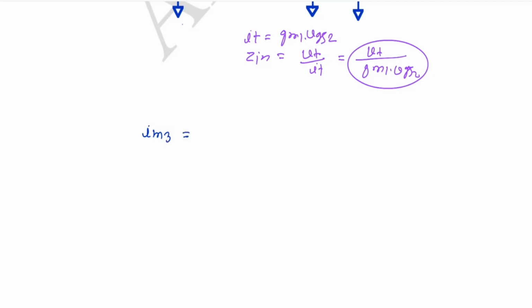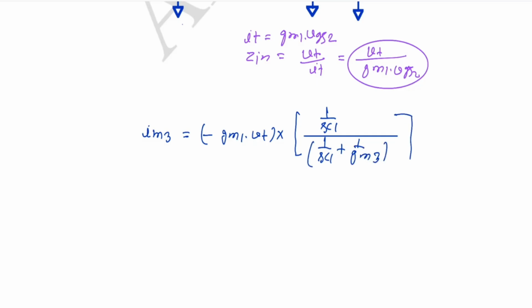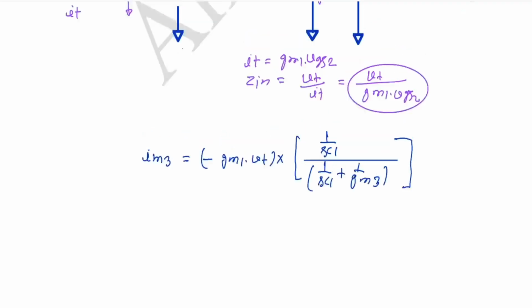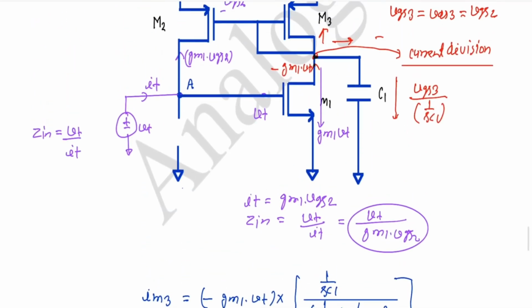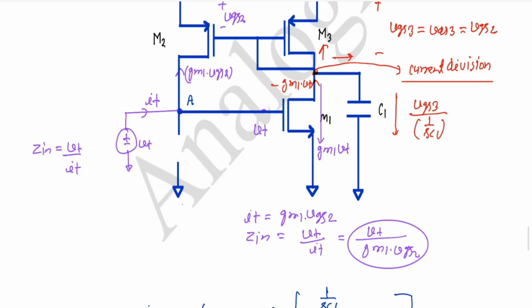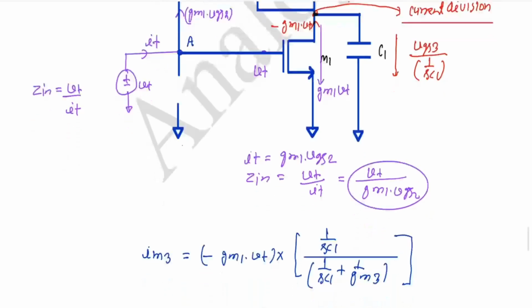The upward current is Im3. That will be minus gm1 into Vt and the impedance ratio, so that will be 1 by sC1 divided by 1 by sC1 plus 1 by gm3. This gm1 Vt current will be divided between both impedances, so that will be minus gm1 Vt times 1 by sC1 divided by 1 by sC1 plus 1 by gm3.